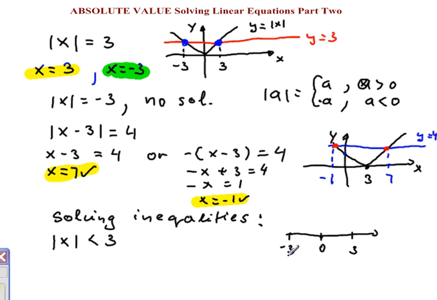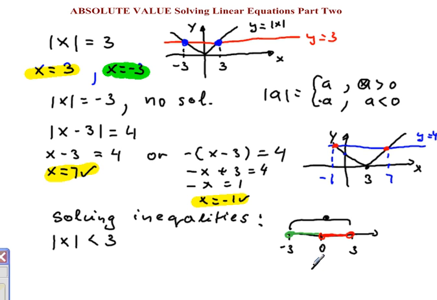So that portion from 0 to the right, or this distance from 0 to negative 3, not including negative 3, not including positive 3. So you anticipate that the final statement should contain all real numbers between negative 3 and positive 3.